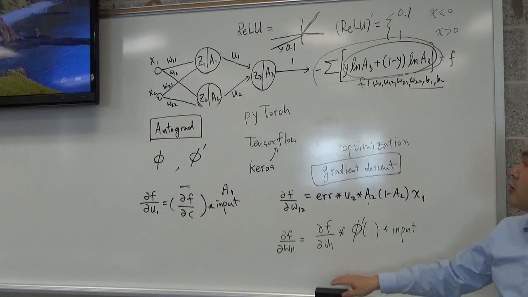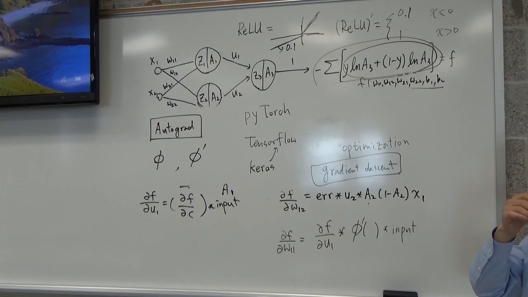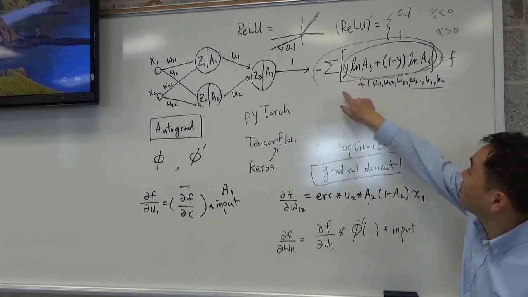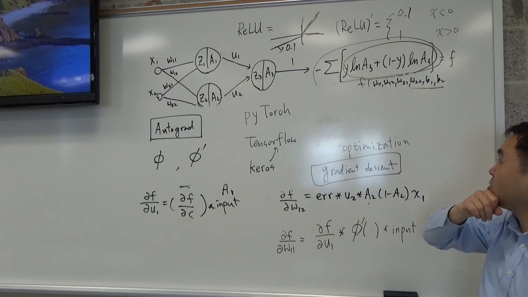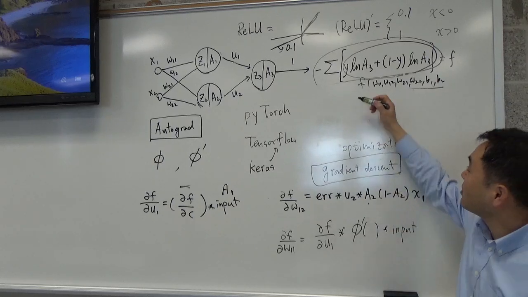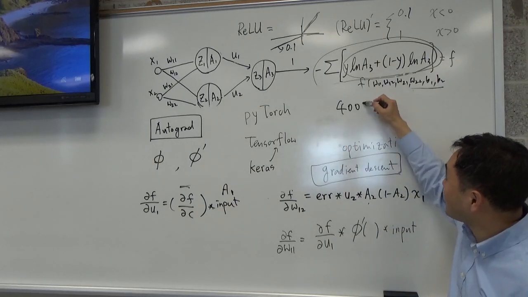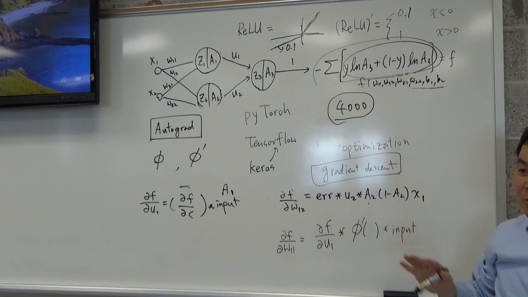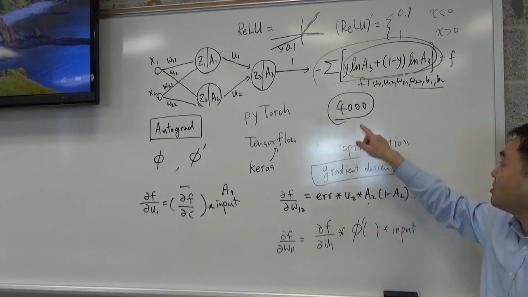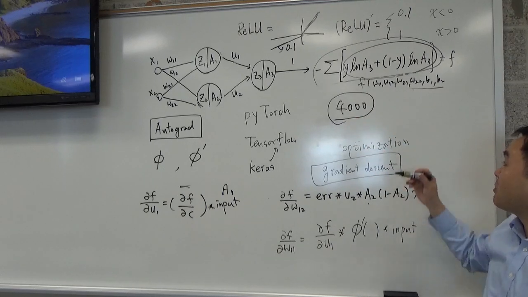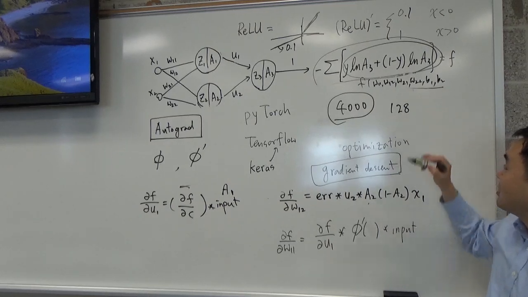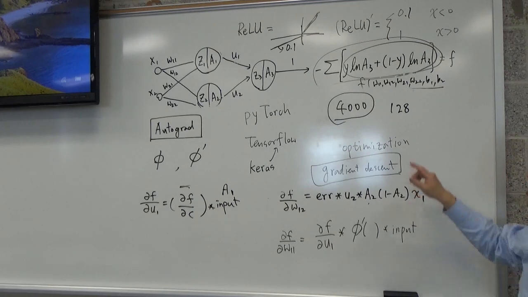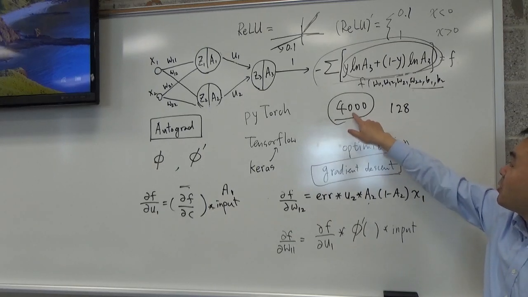But then people realized that you don't really have to do all the summations. So instead, what they do is this. In my YouTube video, I had 4,000 inputs, right? Out of the 4,000, you don't have to use all 4,000. You can take this into batches. So if my batch size is, say, 128, it won't process all 4,000.